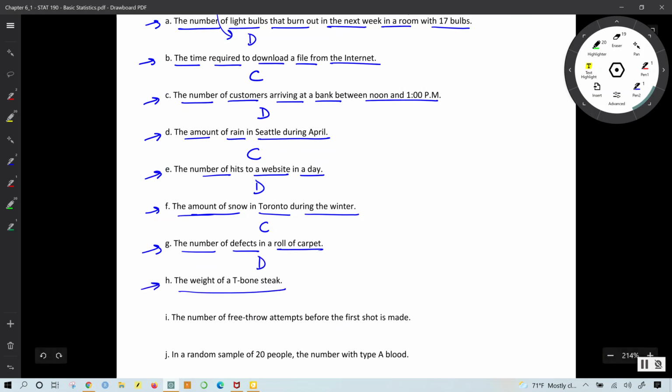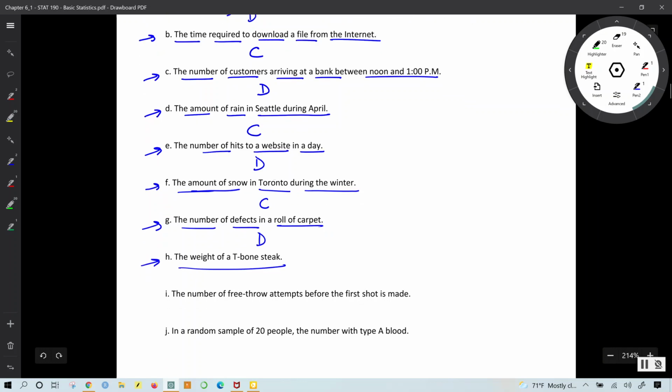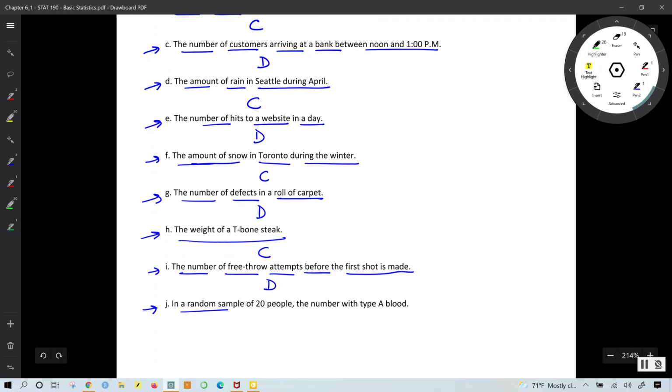H, the weight of a T-bone steak. That can be measured, so that makes it continuous. I, the number of free throw attempts before the first shot is made. That can be counted. That makes it a discrete random variable. And then finally, in a random sample of 20 people, the number with type A blood, that can be counted, and that makes it discrete.